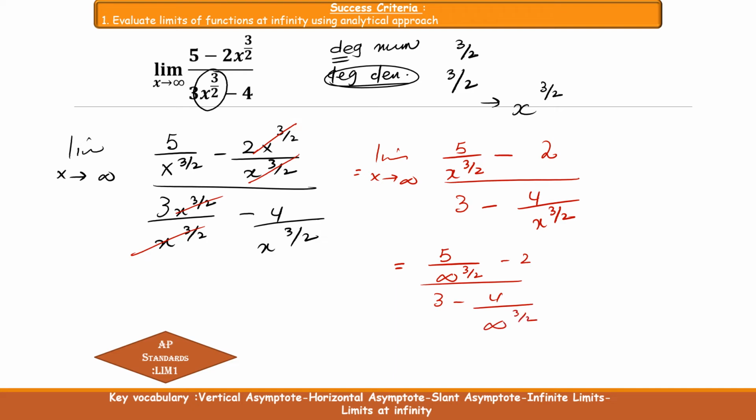Now infinity with any power is equal to infinity. So 5 over infinity is 0. Then 4 over infinity is 0. The rest as it is. So 0 minus 2 is minus 2, and 3 minus 0 is 3. So this is our final answer.